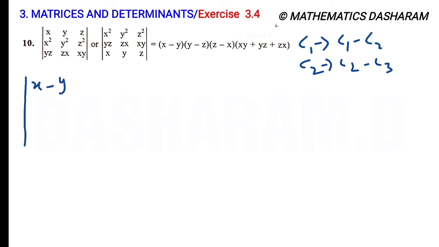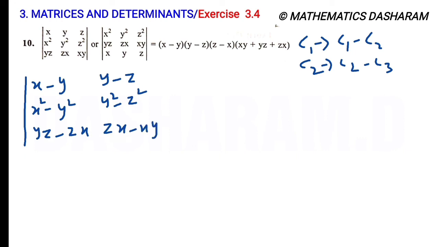So x minus y, here x square minus y square, yz minus zx. Next C2 replace with C2 minus C3. So y minus z, y square minus z square, zx minus xy, and the C3 will come as it is. So z square xy.